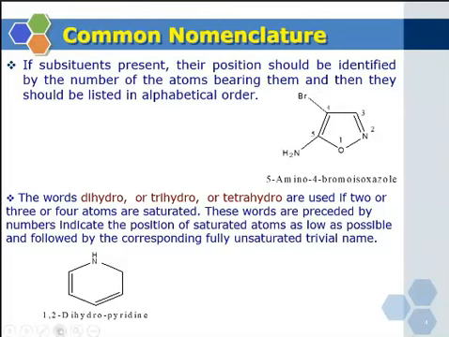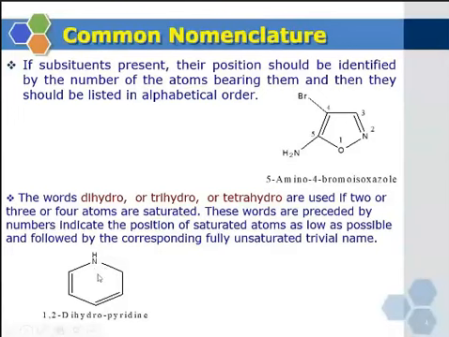Now, if we see this structure, the heterocyclic ring is a 6-membered ring called pyridine. If we do the numbering of this ring, we would number it position 1, 2, 3, 4, 5, and 6. Now, here the double bond between the first position and the second position is saturated.